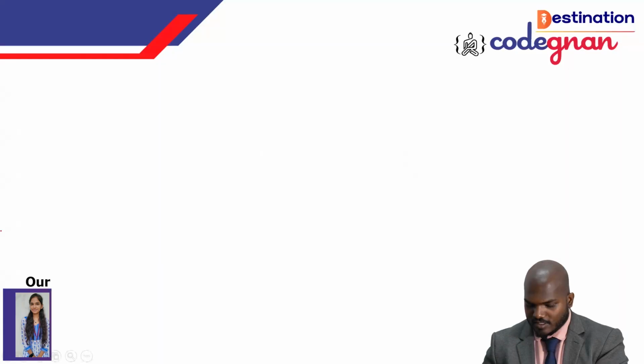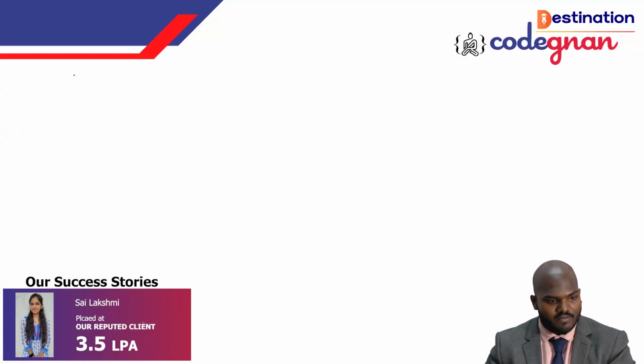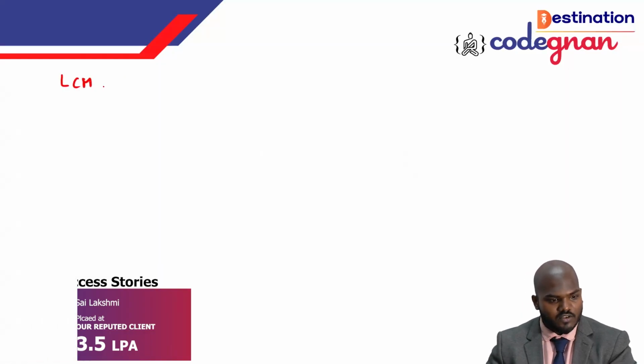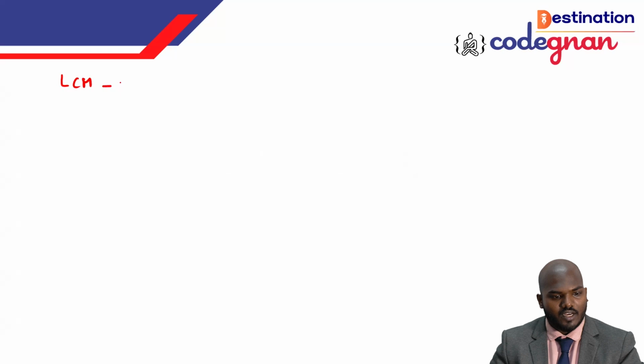You have learned about LCM and HCF since childhood, but the reality of the question is different. So for that, you need to learn some basic things here. Everyone knows the full form of LCM: we call it the least common multiple.